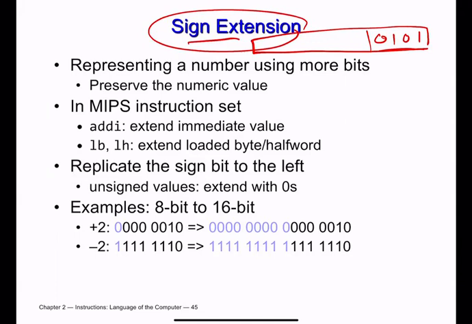What does that mean? Let's say this is a number, and I'm telling you this number needs to be extended, and this is signed. I know, of course, that this is the sign bit, correct? What you need to do is just repeat that sign bit. If this bit was 1, please do that.